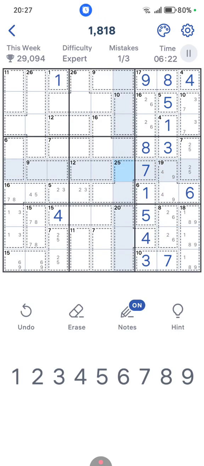Which means it is either 1 or 6. Yeah, that's going to be a lot of work for not a lot of payoff. What else?